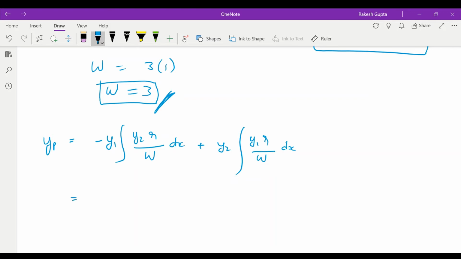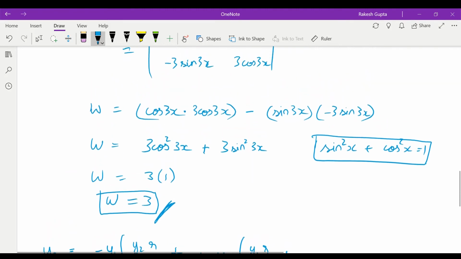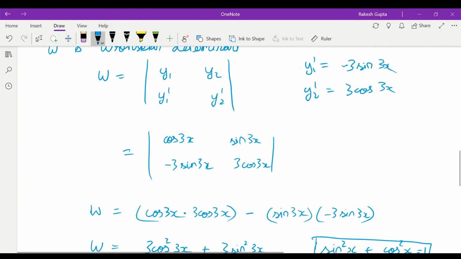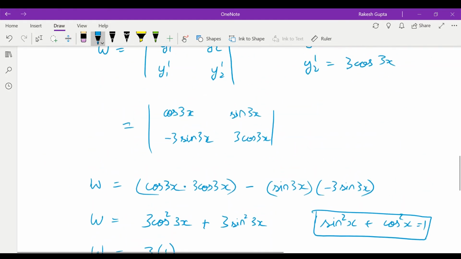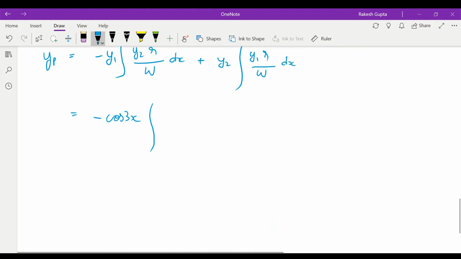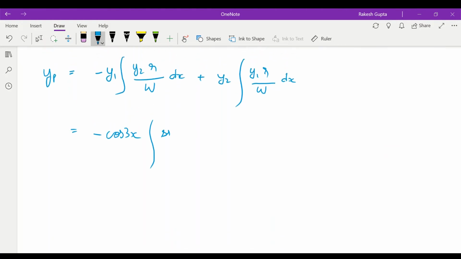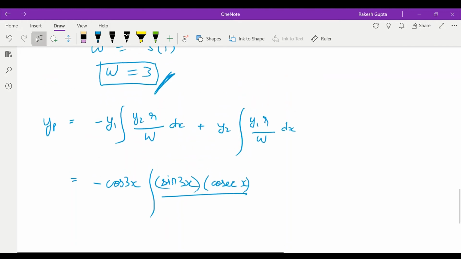We have y1 as cos 3x, y2 as sin 3x, r of x is cosecant x, and we have found w to be 3.